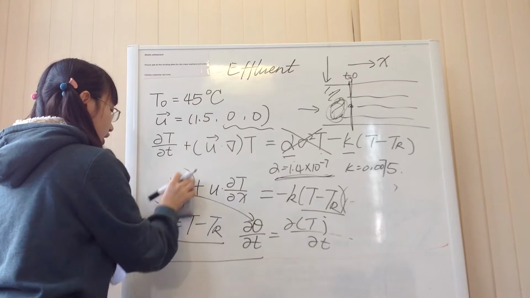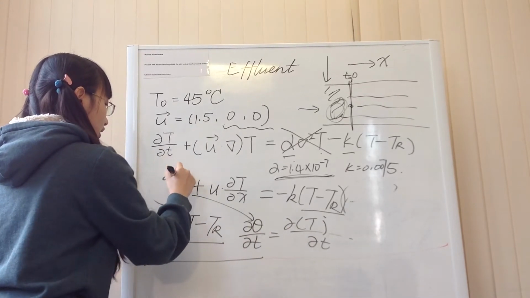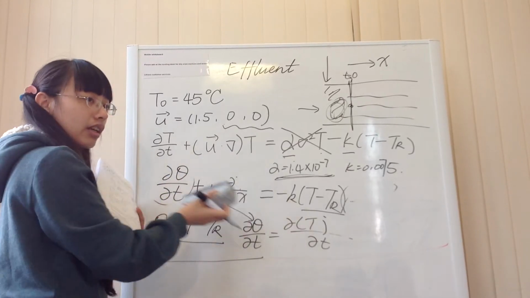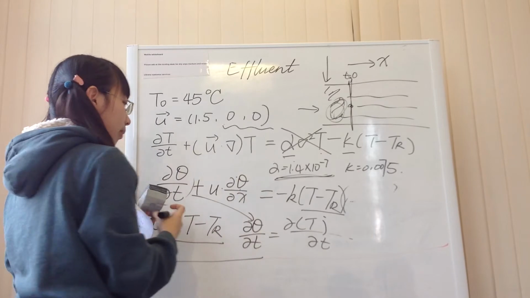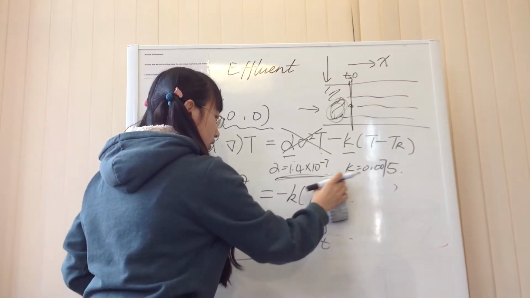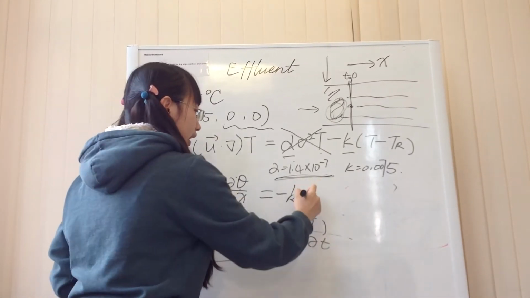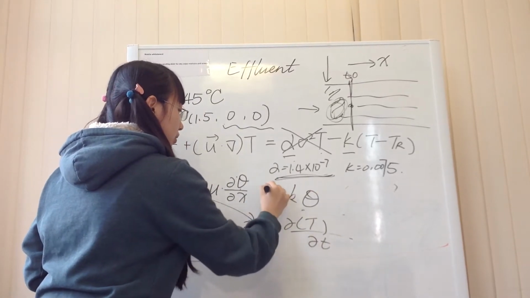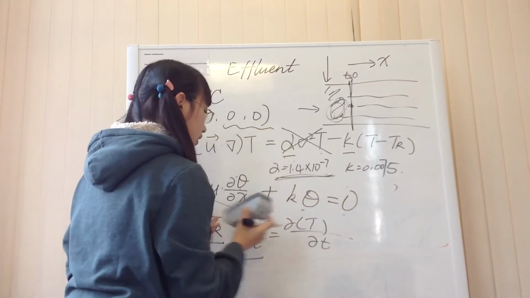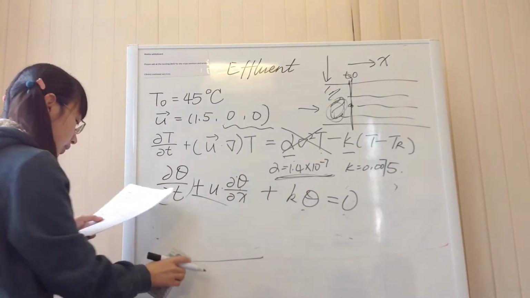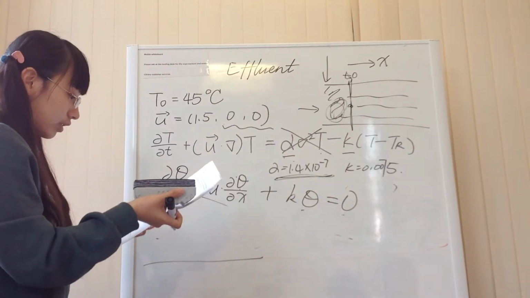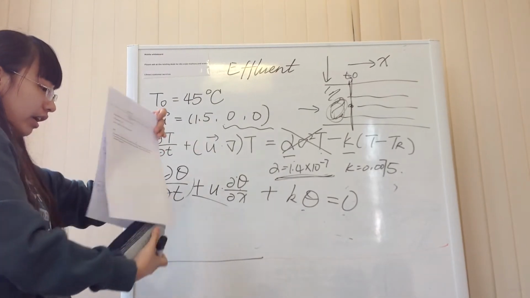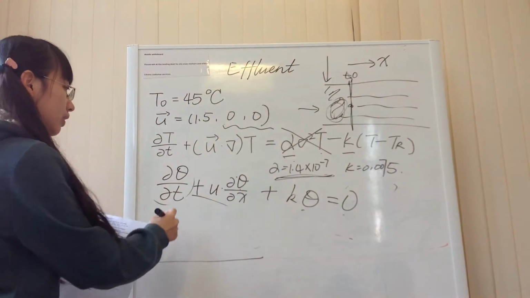In that way, this term becomes partial theta over partial t plus, in a similar way, partial theta over partial x, equals k times theta. We put this term into this side and get the value here. This is the result from the first analysis, so here's the answer for question 1: simplify it to this type of form.